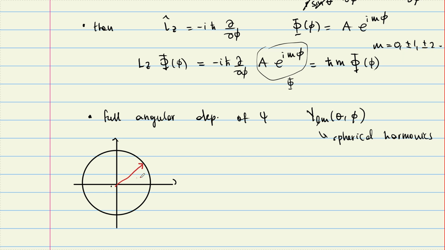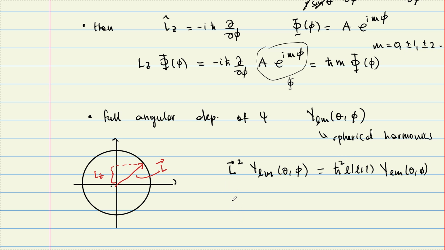But what we said is, this is the L vector, and its projection here is LZ. And the full description of the system is like this. I can have L squared acting on Y_LM(theta, phi), and L squared was found to be h bar squared L(L+1) Y_LM.